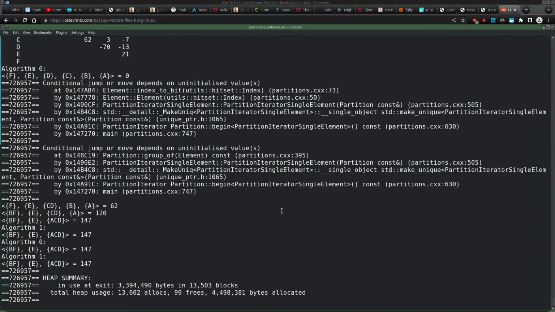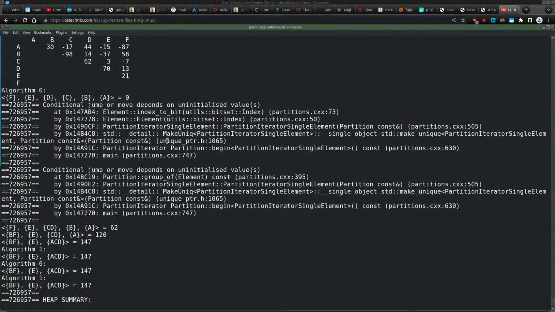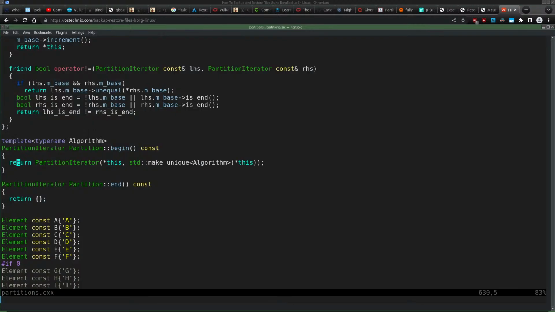Still going one back. Unique pointer. Yeah, we're just creating a... So for some reason I'm calling begin, and then we call this constructor. Why would it do it like this?